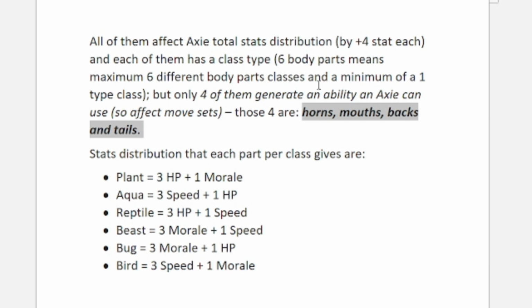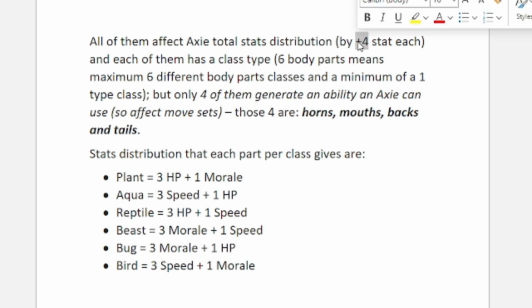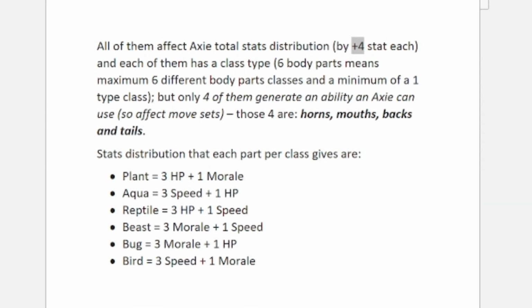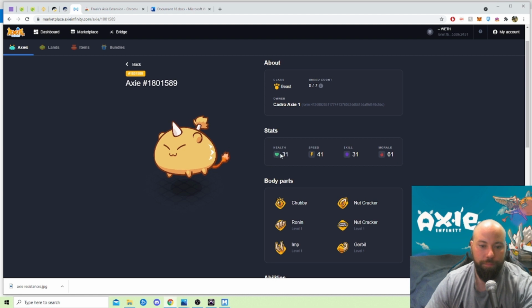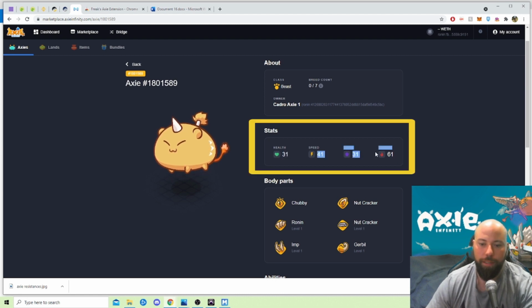Okay, but it does mean that we get to use those 6 body parts and plus it by 4 stats per body part, which means that we have 164 statistic points on our Axie. So as you can see here, it's got that base health that it had, but it's quite faster and its morale is much more.